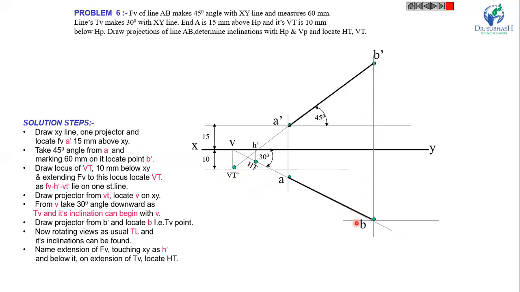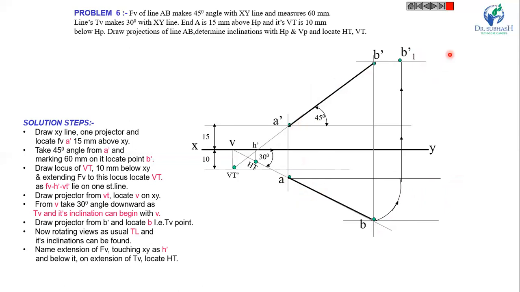Now draw the locus of point B and the locus of point B dash, and find the true length as usual. Draw the horizontal line from A, and with A as center and AB as radius, draw an arc in this direction and extend it up to the locus of B dash. This point is B1 dash.